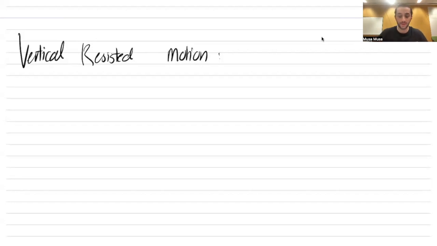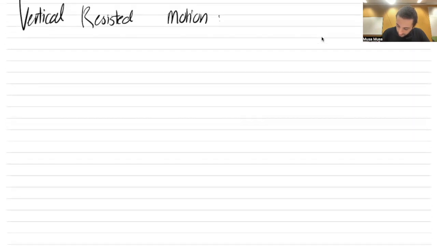So what forces act on any projectile as they move up or down or as they move through the air? Unlike in physics, where we pretend there's no air resistance, here there is air resistance, and that's important.